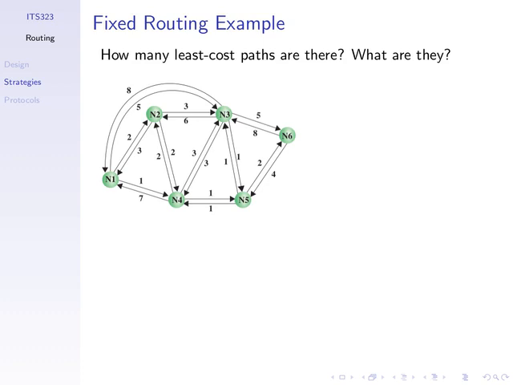Now, what we need to do is store this information in each node. So when we want to deliver packets from N1 to N6, we simply look at this information and use the routing path to determine where to deliver the packet.